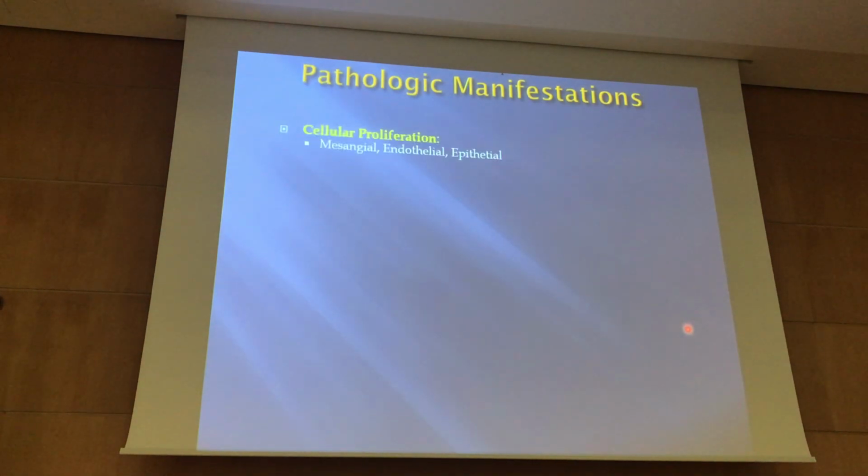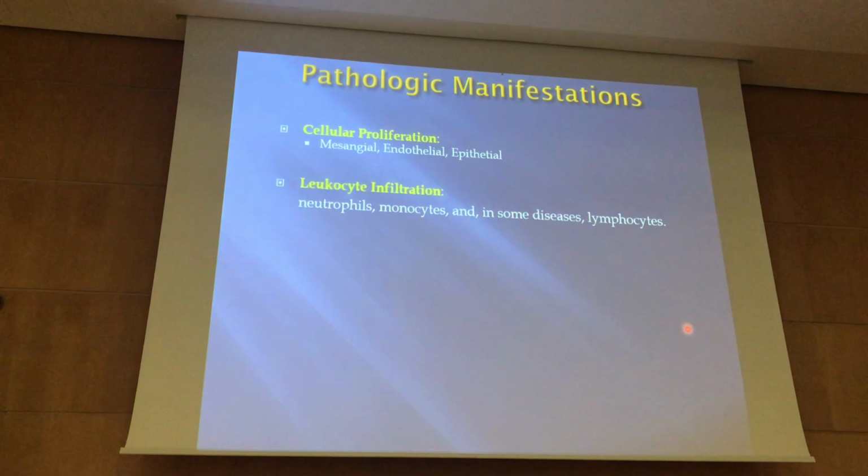Now, pathological manifestation, you can have cellular proliferation, like we are going to discuss now, acute diffuse proliferative glomerulonephritis, or post-streptococcal one, in which we have mesangial proliferation, endothelial proliferation, and visceral epithelial proliferation, not parietal one. Number one. Then leukocytic infiltration, you can have neutrophils, you can have monocytes, sometimes you can also have lymphocytes.